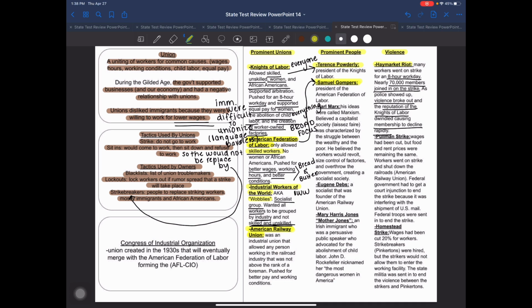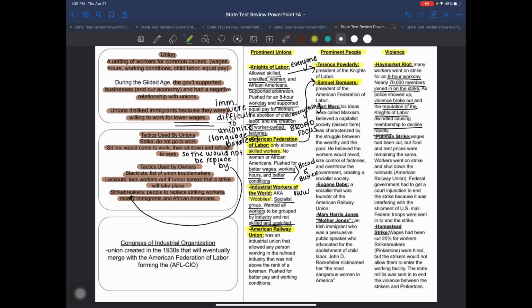And guys, it is so very important for you to note how important the railroad is to the American economy at the time. The railroads are what are transporting the majority of goods from place to place. If the railroads stop, our economy will be quick to crash.